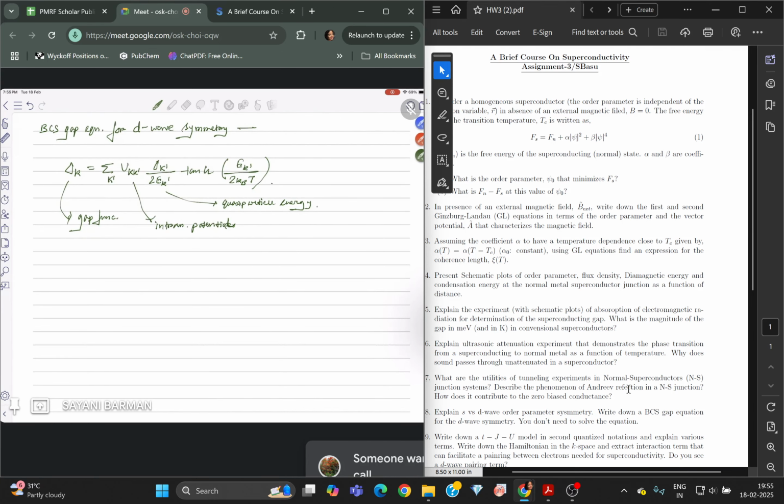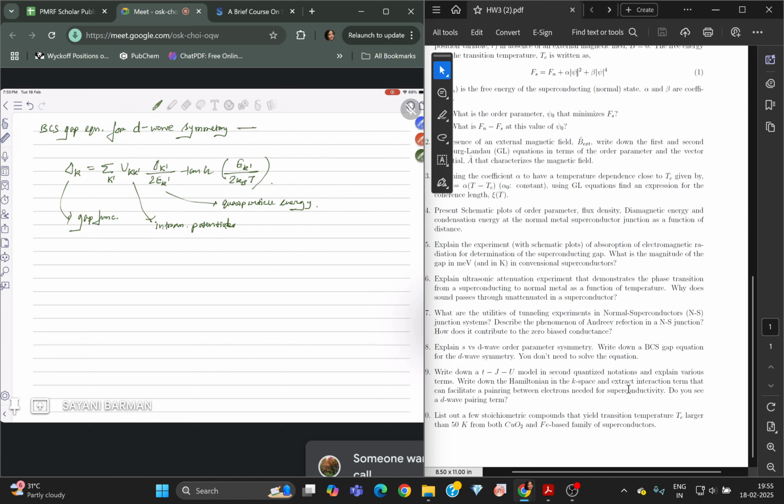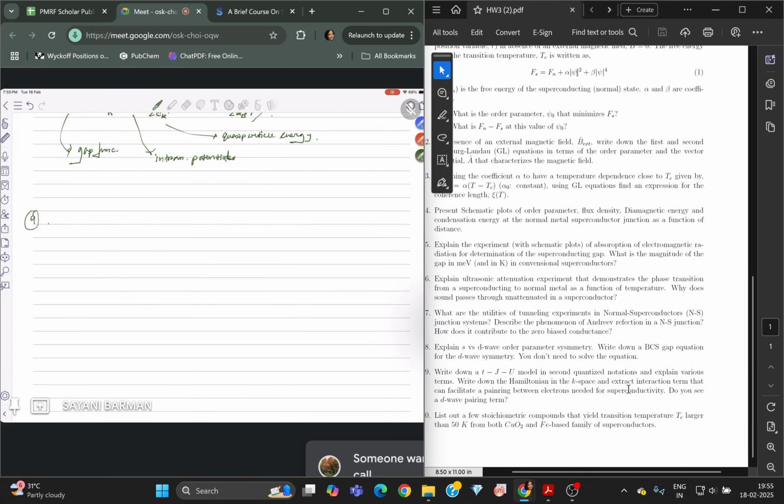The next question is: write down a t-J-U model in second quantized notation and explain various terms. Write down the Hamiltonian in the k space and extract the interaction term that can facilitate a pairing between electrons needed for superconductivity. Do you see a D-wave pairing term?